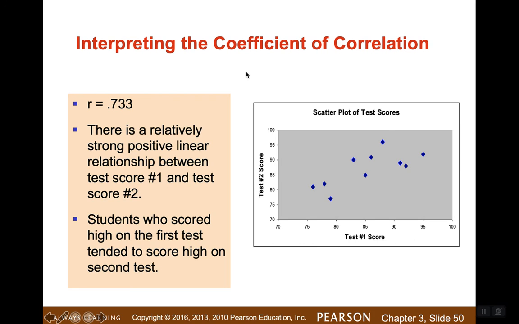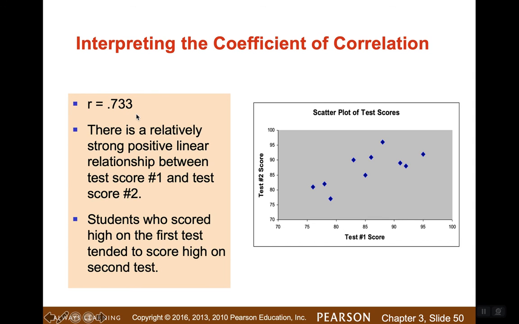So how do we interpret and use this? It's a number. We generate a number, and say, for example, we calculate 0.733.